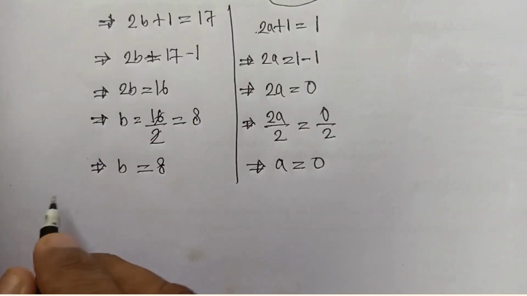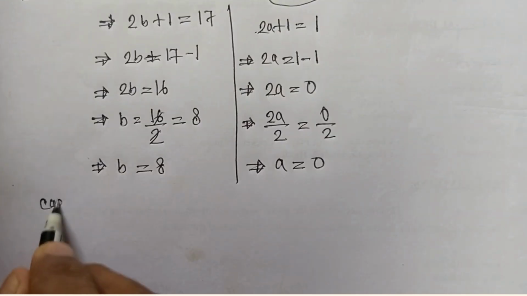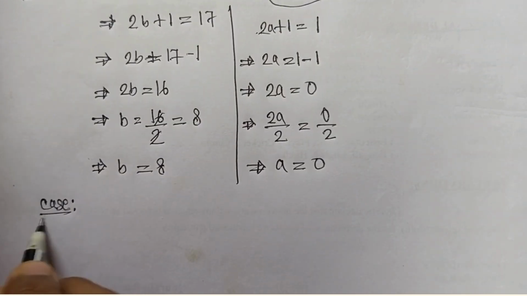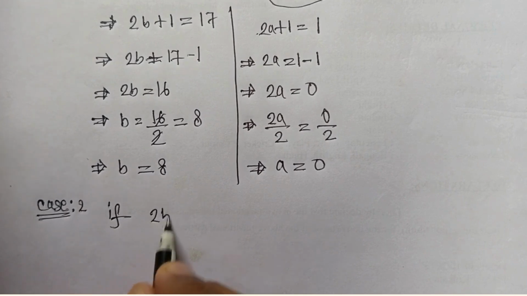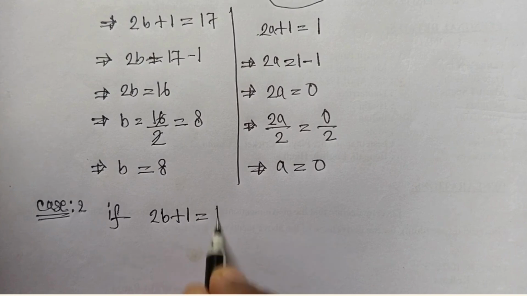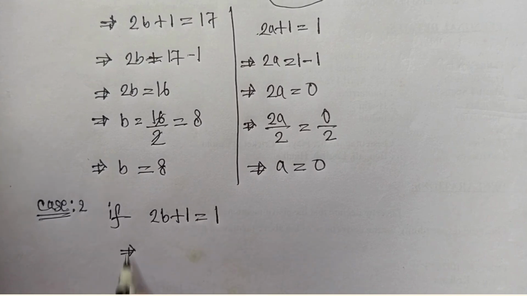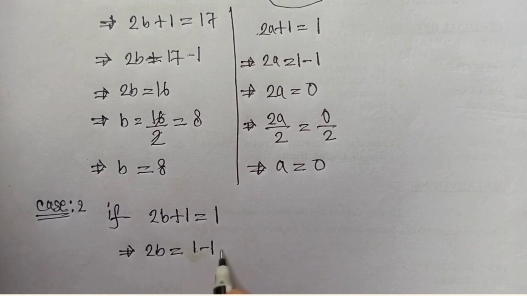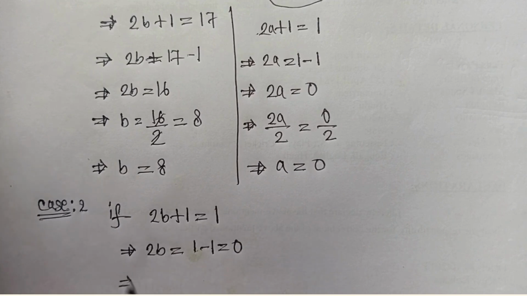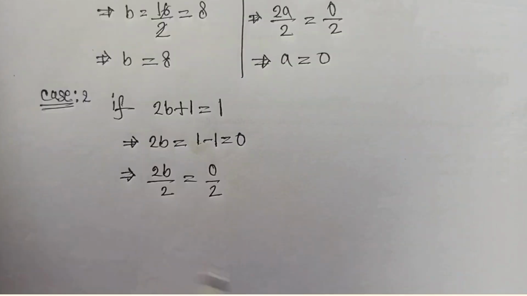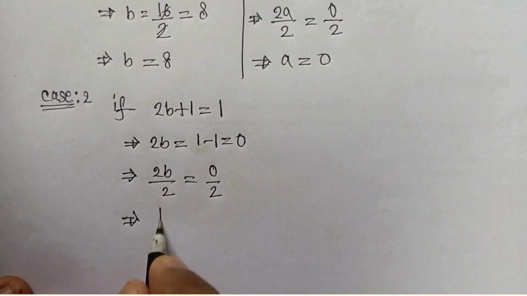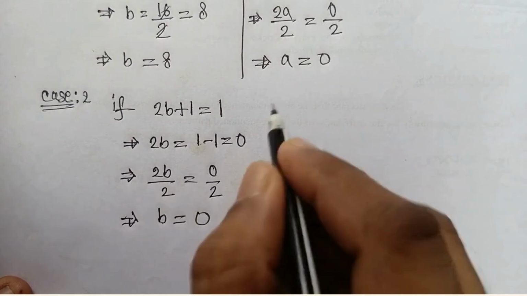For the positive cases, for the second case 2: if 2b + 1 is equal to 1, then 2b = 1 - 1, that is 0. If we divide both sides by 2, then b will be 0.